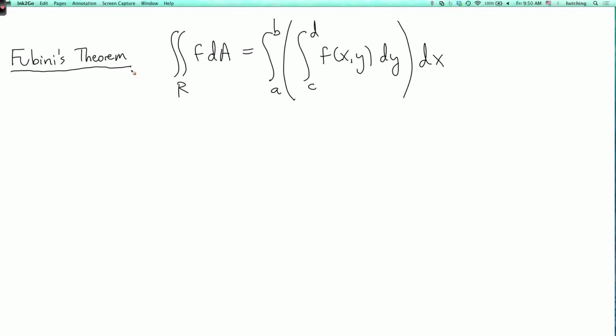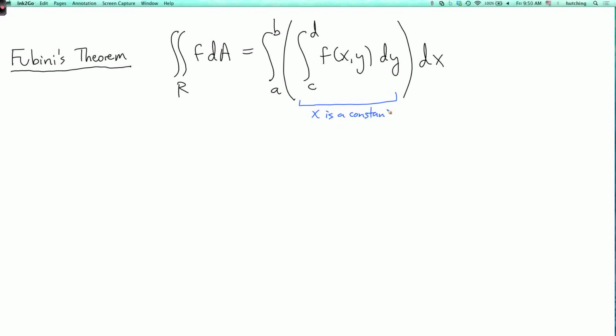Okay? So what does this expression mean? Here we have a function of two variables. We're integrating over one variable. What does that mean? So here, x is like a constant. So inside here, x is like a constant.